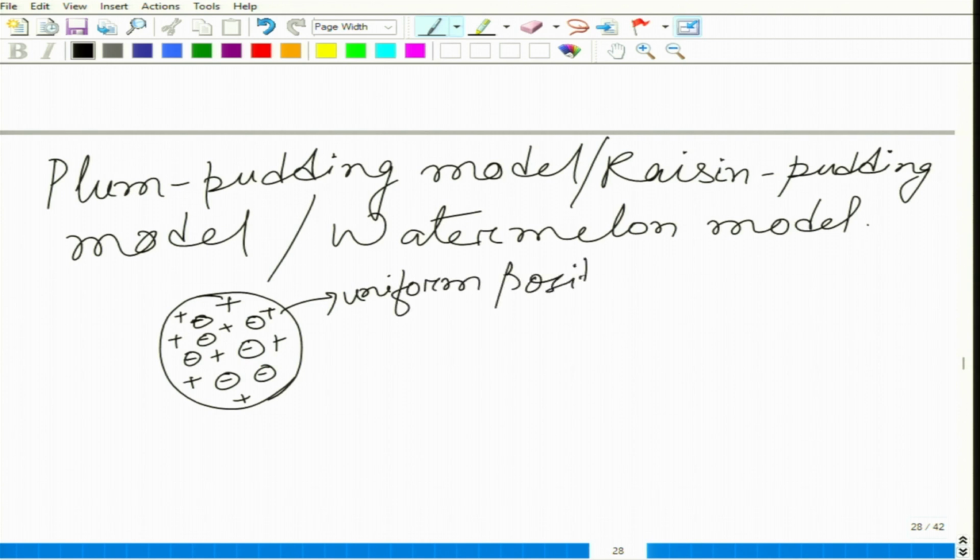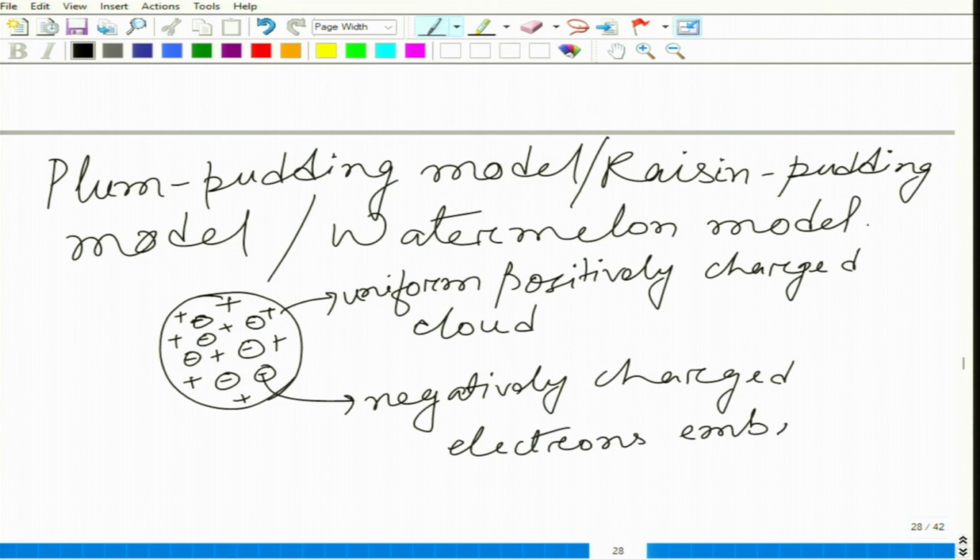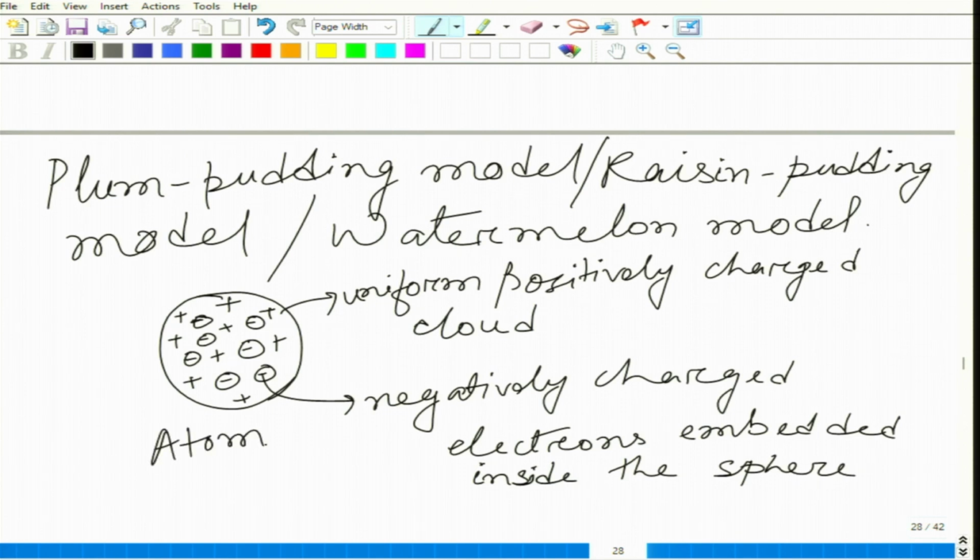A uniform positively charged cloud, and negatively charged electrons embedded inside the sphere, and this was the spherical atom.